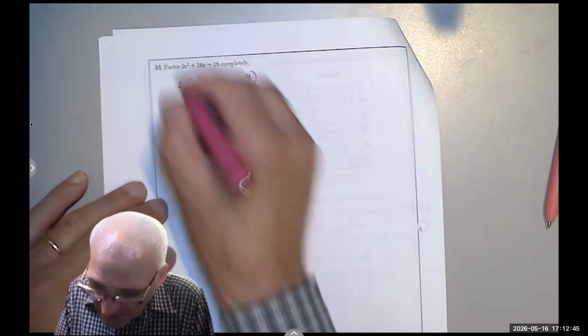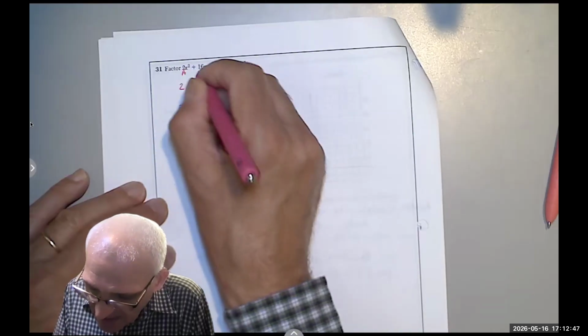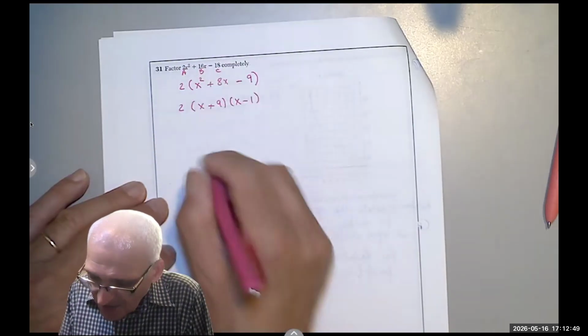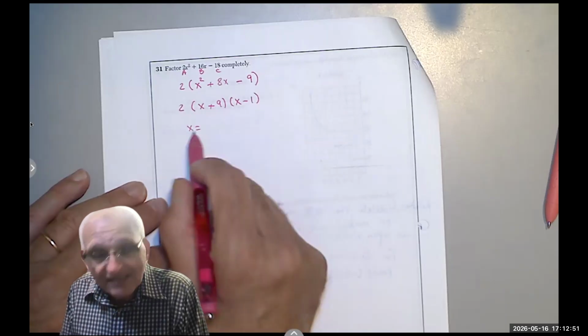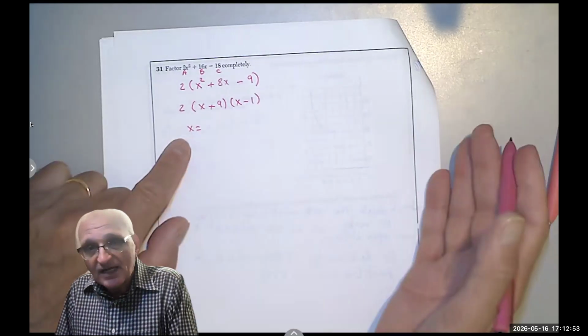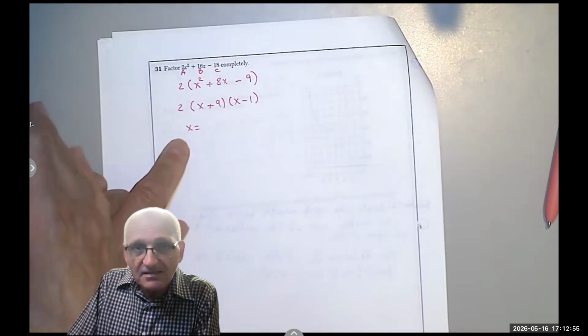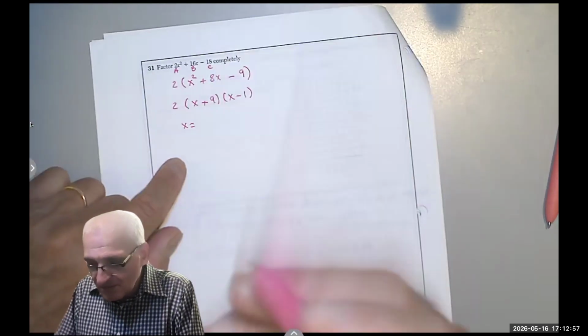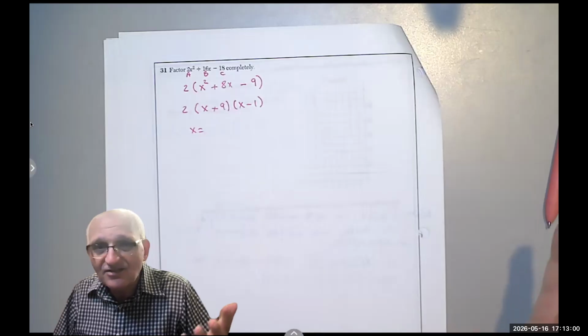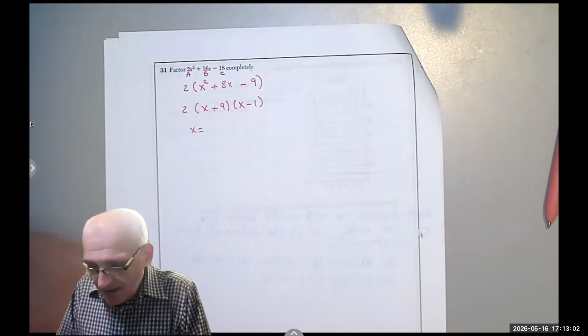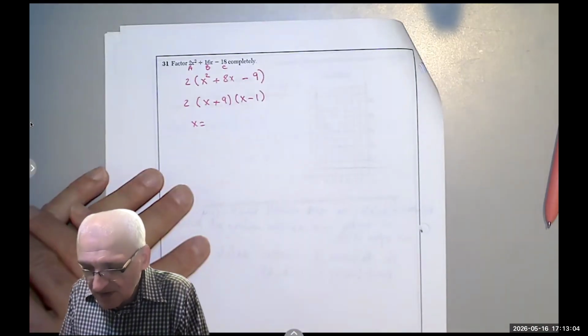If you want, you can say this is A, this is B, this is C, and the quadratic formula will give you the answer for x. Or you can also complete the square. You have too many ways to do it. I don't think we need to do that. It's a waste of time.